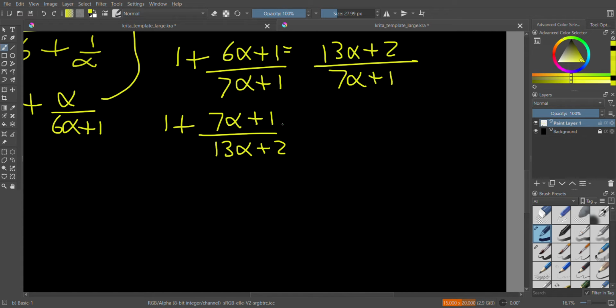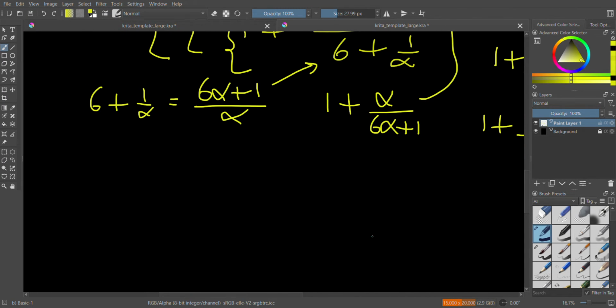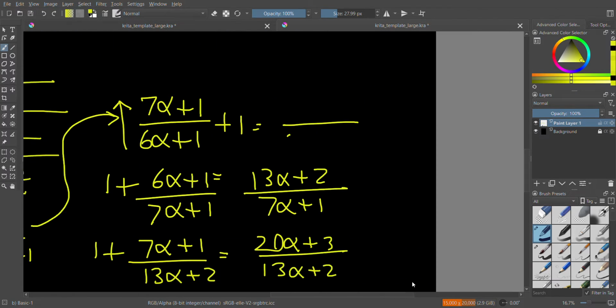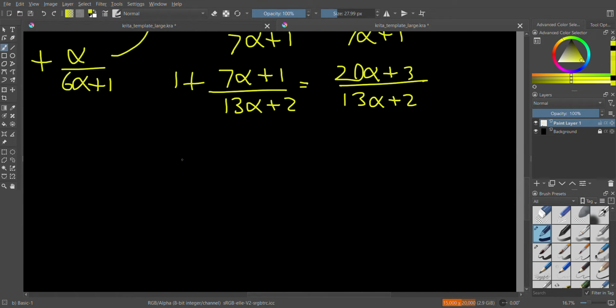And then this becomes 20 alpha plus 3 over 13 alpha plus 2. And then that number gets added as a 1 over here to that. So I have to flip this again and add it to 1.